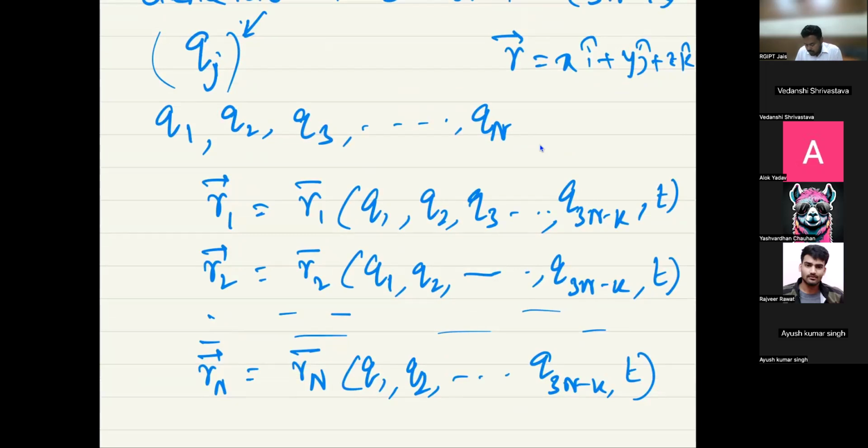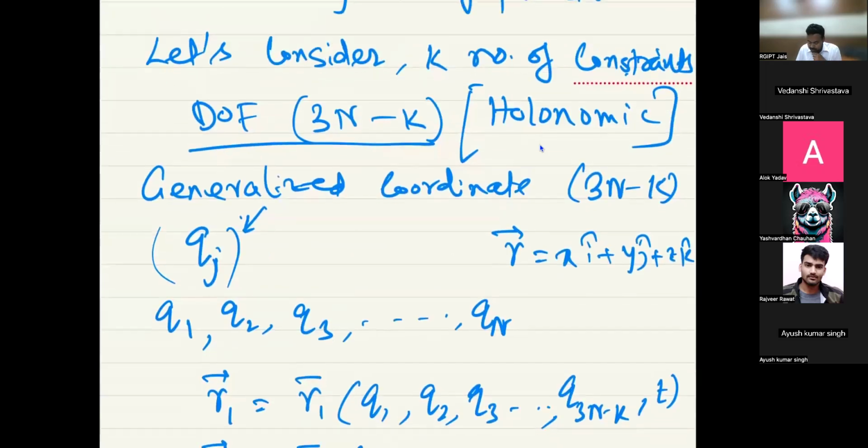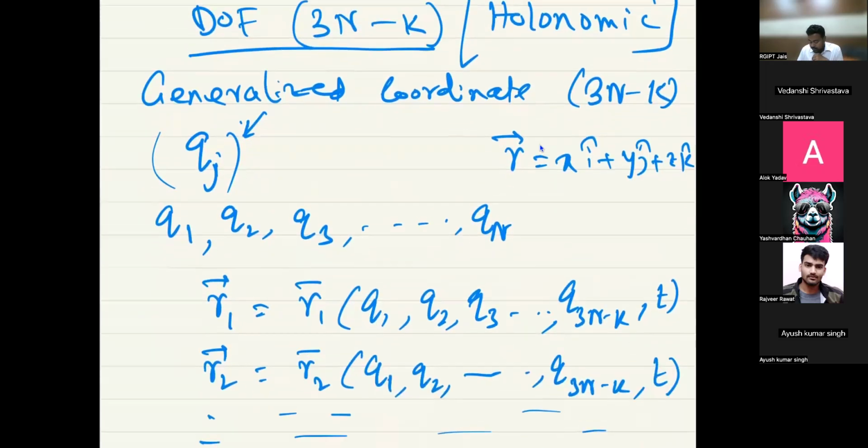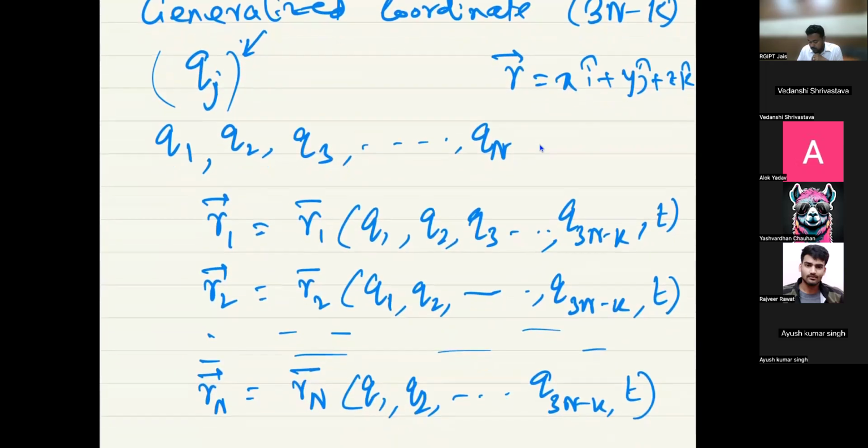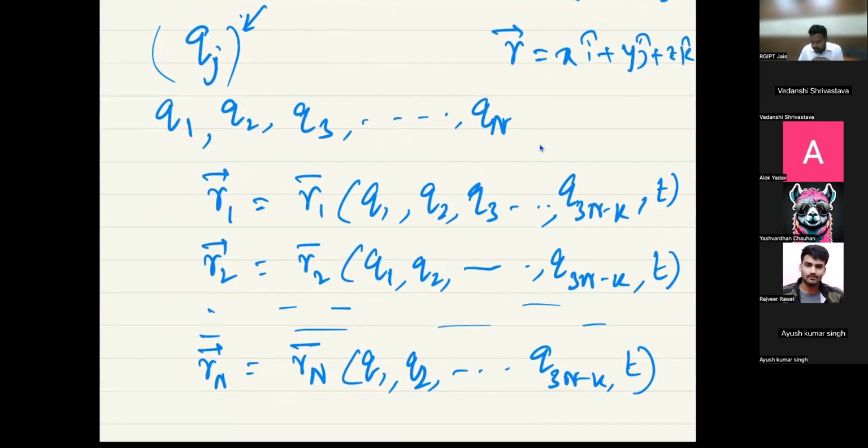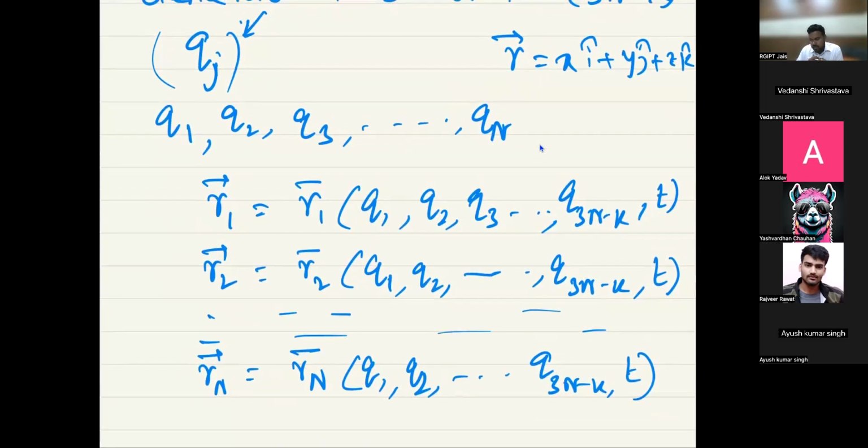You can see I wrote that if you have n particles, degrees of freedom is 3n minus k, because there are k constraints. So you have 3n minus k generalized coordinates. And this can also depend on time, so we wrote time also. But for the position vector, I wrote only up to rn. Why?